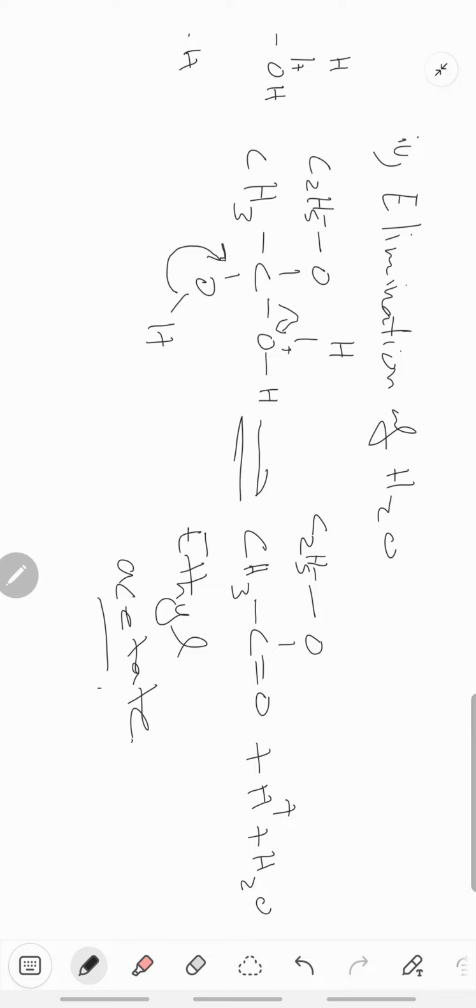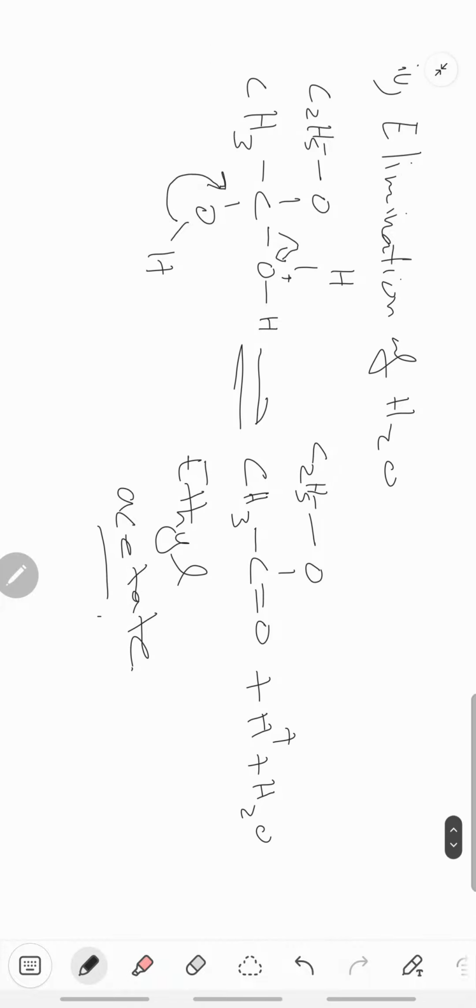As you can see, the OH group is involved in the formation of esters. So this was the reaction where the OH group is involved.